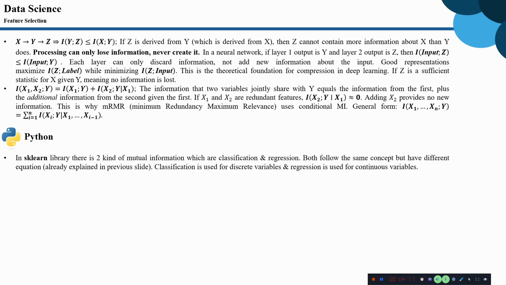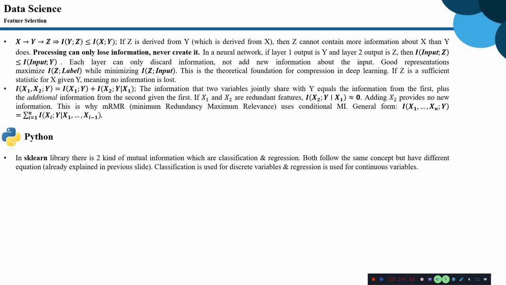So in simple terms, processing can only lose information, never create it. At best, the most optimal thing is that you just don't lose information, that's it. This is more related to neural networks, and this is the end.